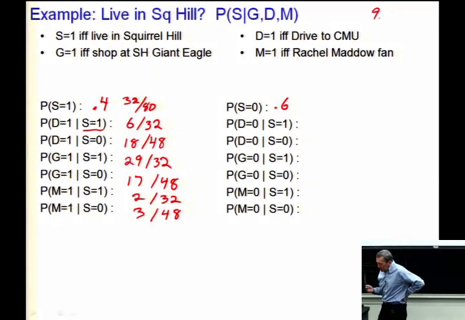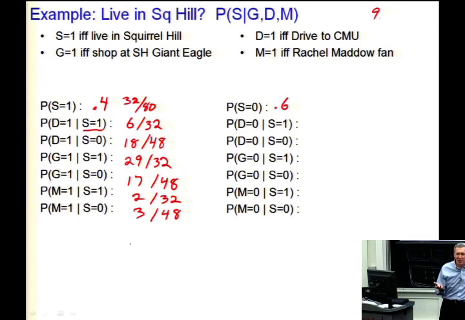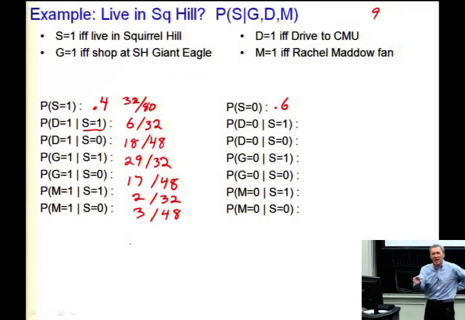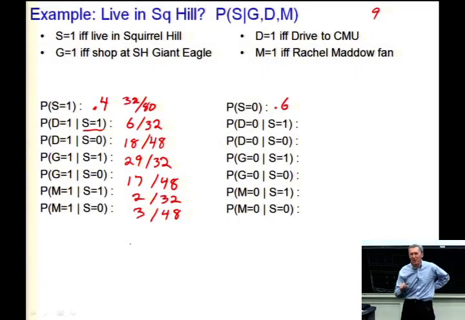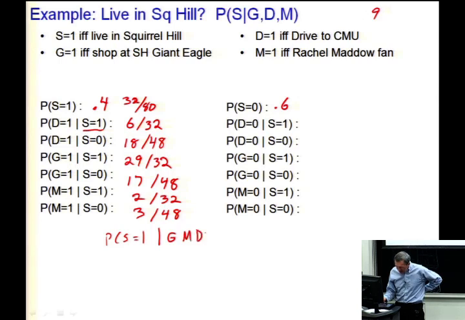So now what do we want to do for the expression? I hope some of the 9 of you have paper with you. Maybe the training example to your right can help you if you need help. And so what we want to know for the new people is the probability that you live in Squirrel Hill given your G, M, and D variable values.